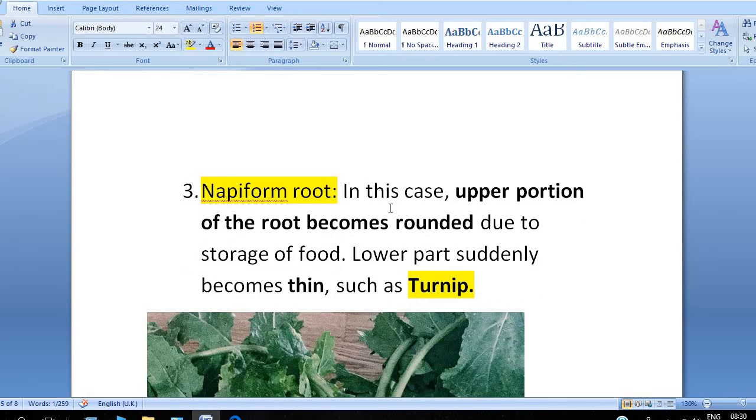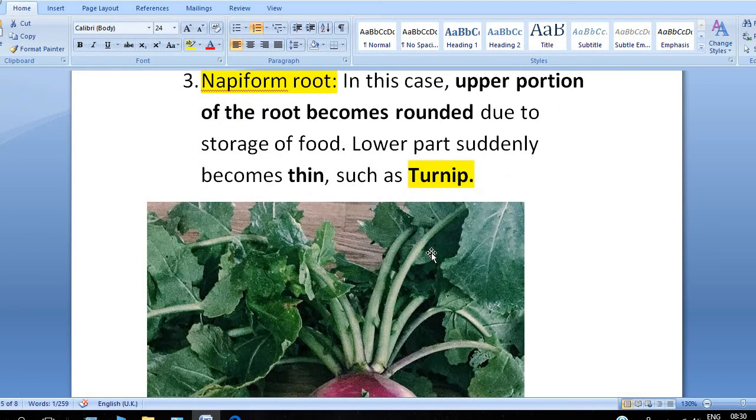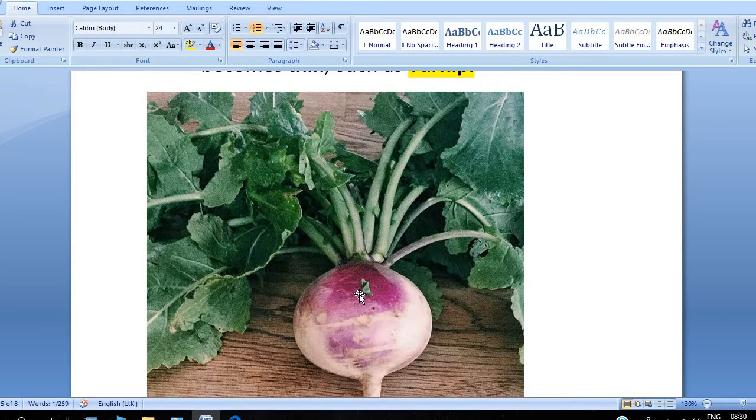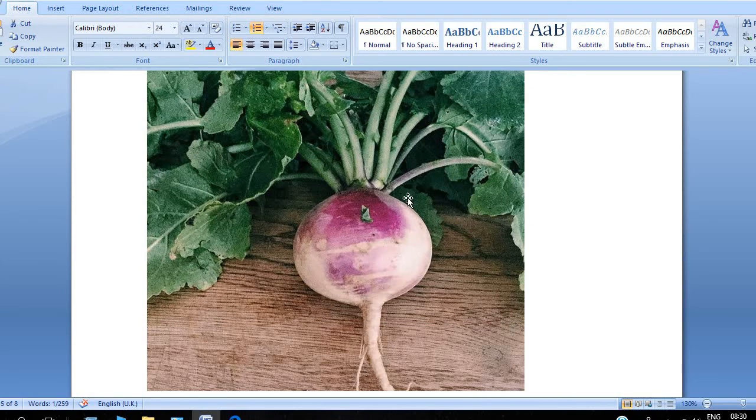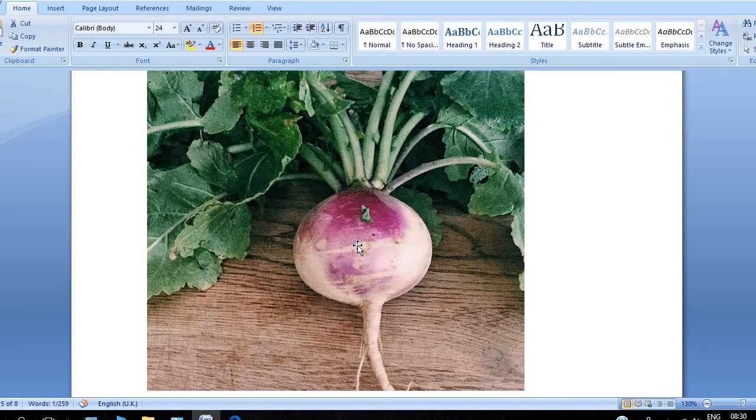The next one is the napiform root, another classification of root. In this case, the upper portion of the root becomes rounded due to storage of food, and the lower part suddenly becomes thin, such as turnip. I think this is a vegetable we eat sometimes, and you can see it in the shopping mall.